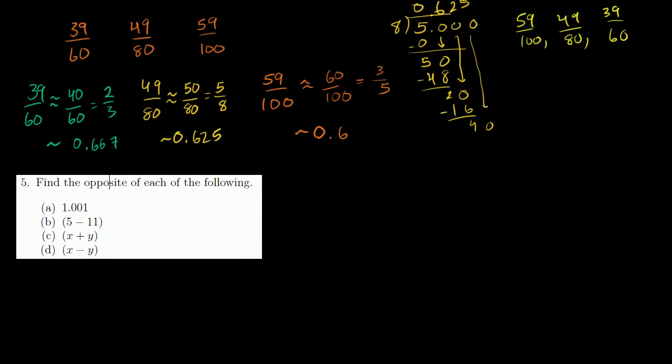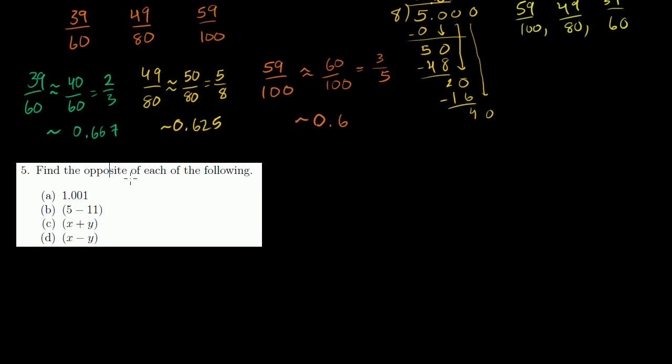Let's do problem number 5. Find the opposite of each of the following. When they say opposite, I think they mean find the negative or find the reflection on the number line. So we essentially just have to multiply all of these numbers by -1. For part A, the opposite of 1.001 would be negative 1.001.